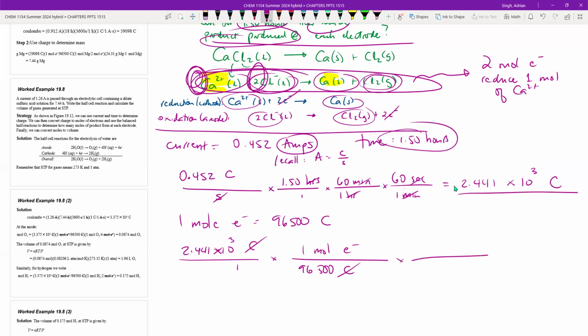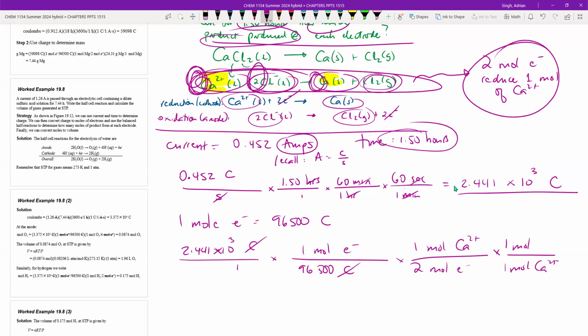And now, based on my stoichiometry, I know that 2 moles of electrons would be required to reduce 1 mole of Ca2+. And from my stoichiometry, I know that the Ca2+ and Ca metal are the same, so it's a 1-to-1 ratio there. 1 mole of calcium 2+ gives 1 mole of calcium metal.